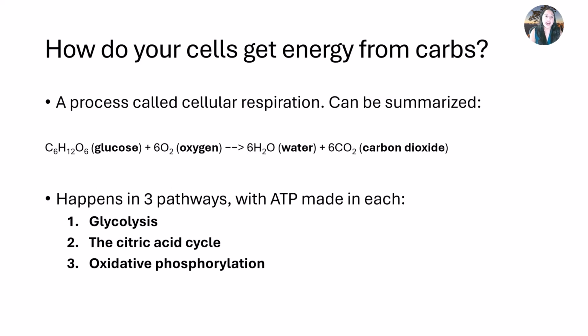So how do your cells get energy from carbohydrates? The process is very complex, but just think of the big picture. We break down complex carbs into simple carbs, and the simplest carb is glucose. It's just that one sugar ring. This is the molecular formula for glucose, and you don't really need to know that much detail.